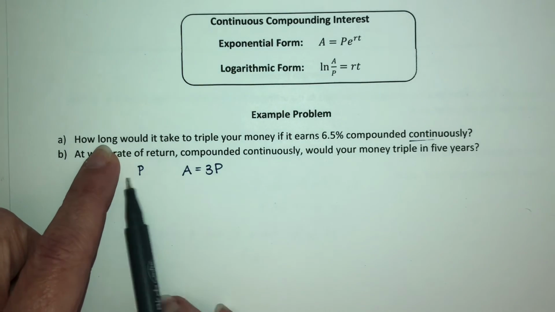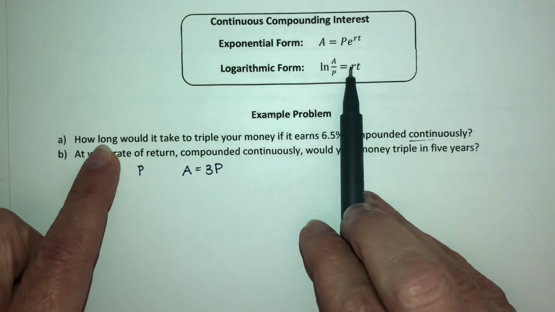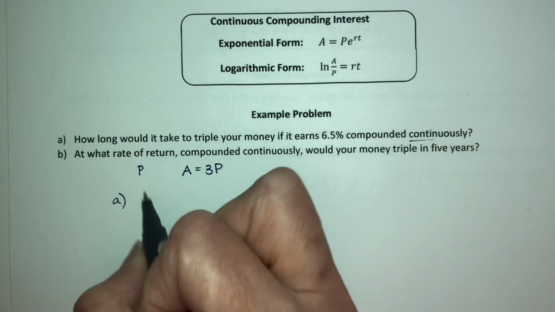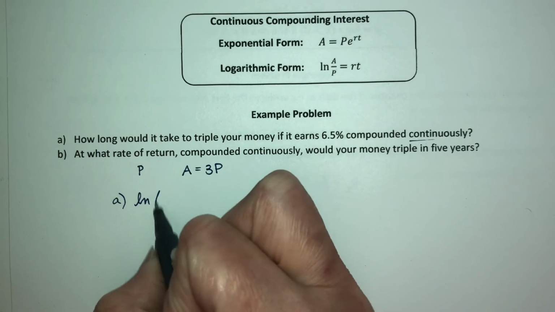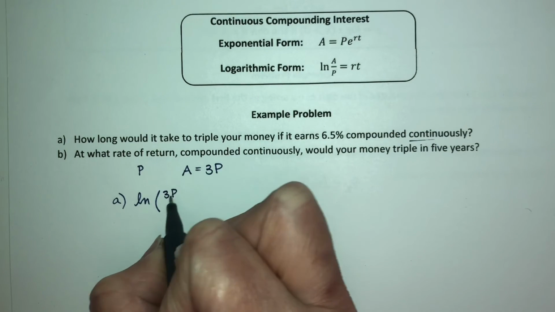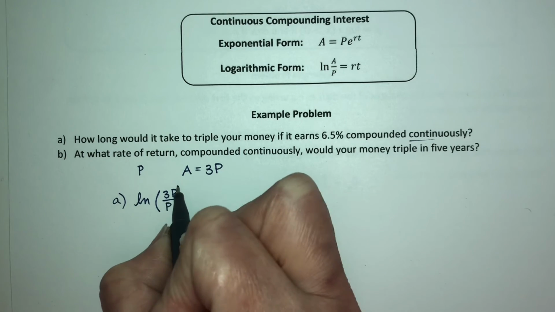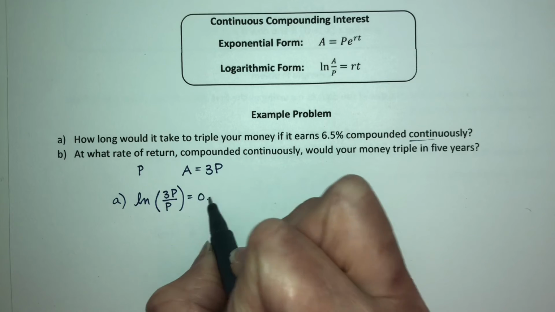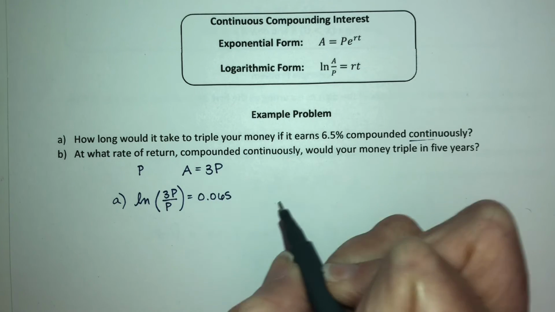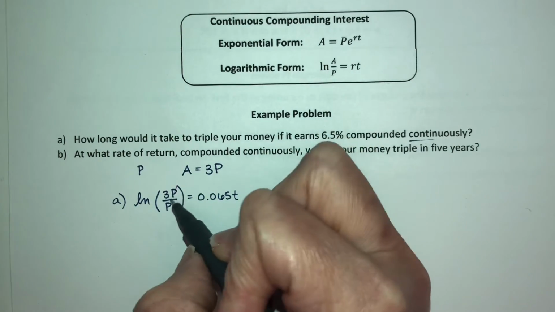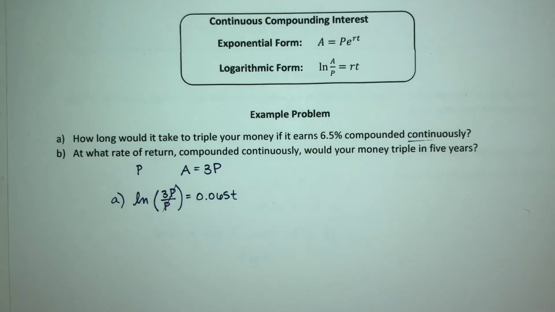So let's plug all of this into this formula here. Natural log of A, which is 3p, divided by p, is equal to my rate as a decimal, 0.065, times time, which is what we're looking for. Okay. Those cancel out.